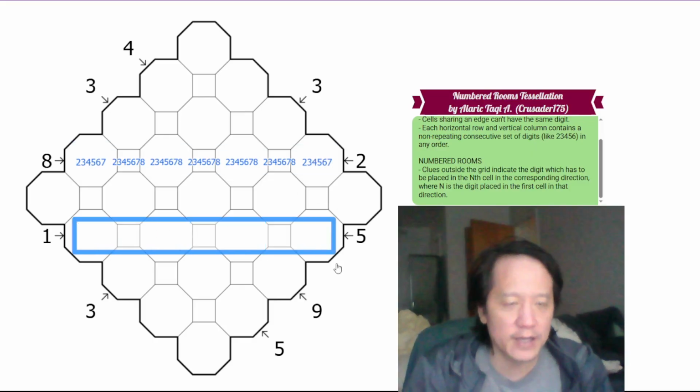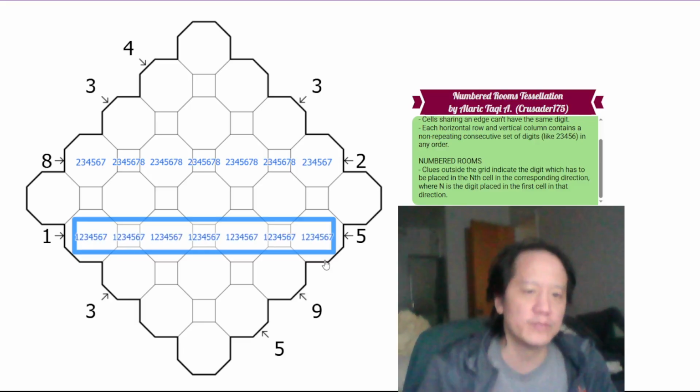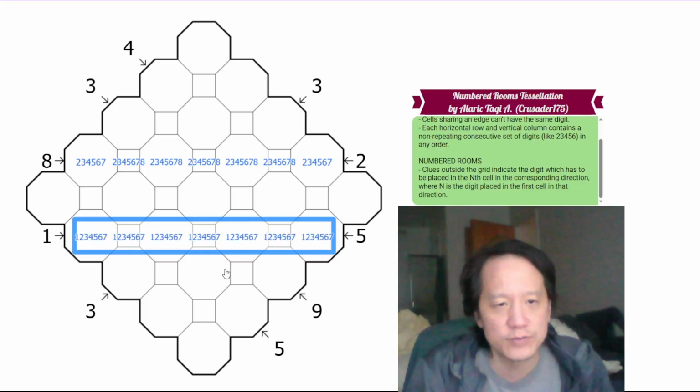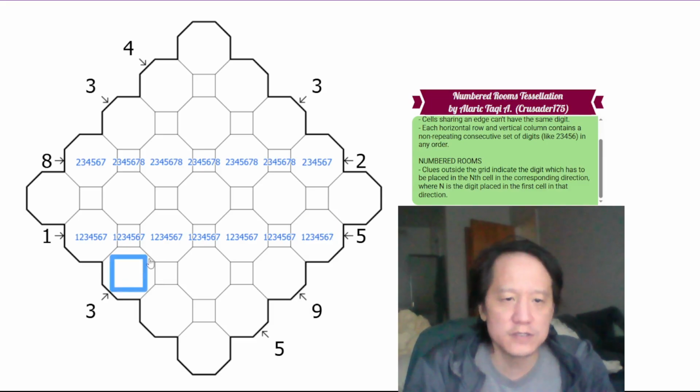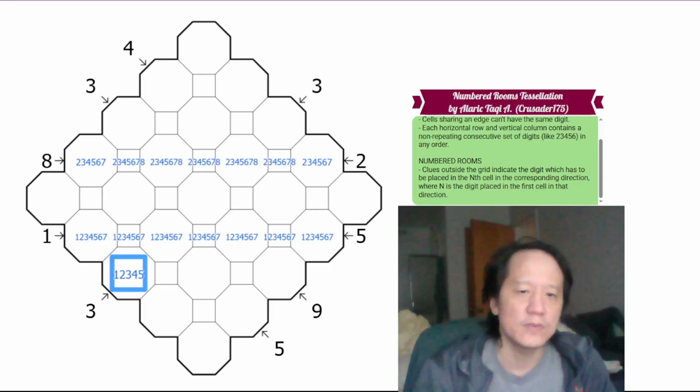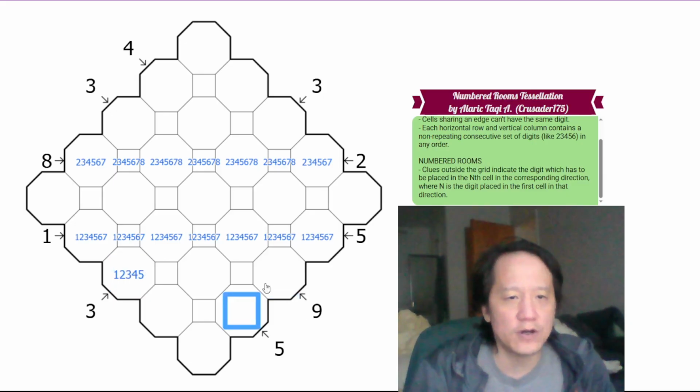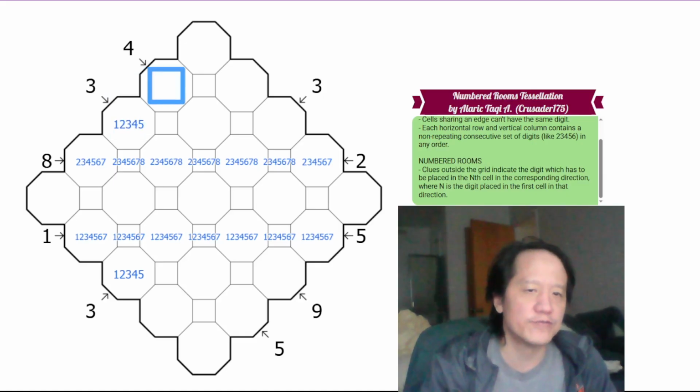This Renban has to be the digits 1 through 7 because those are the only digits which contain 1 through 7. If 1 were to be here, so this is 1 through 5. All of these number rooms going along a diagonal from the big has to be 1 through 5.